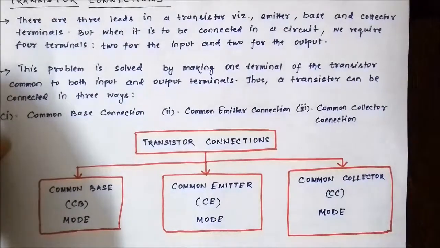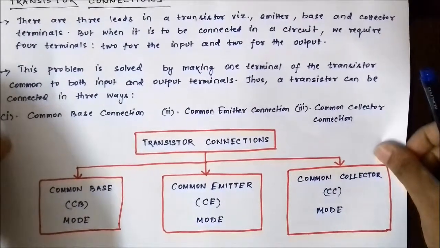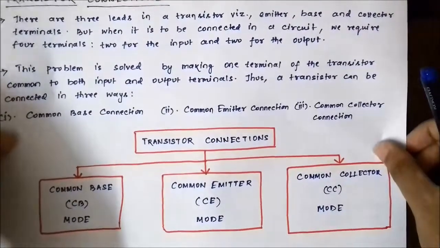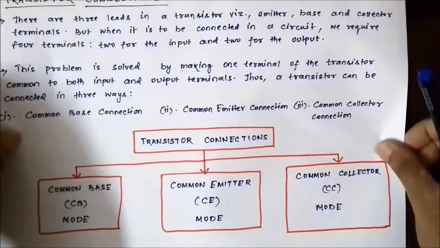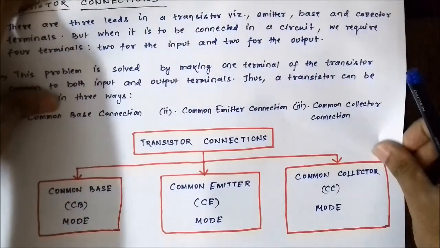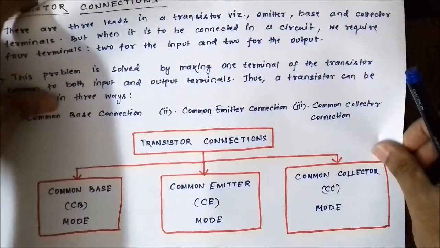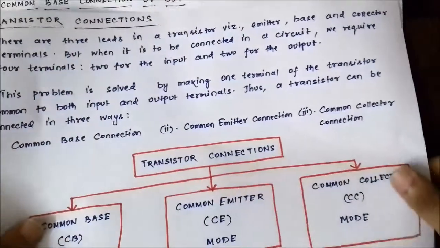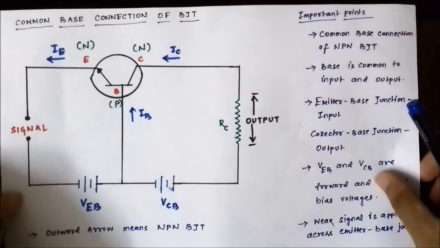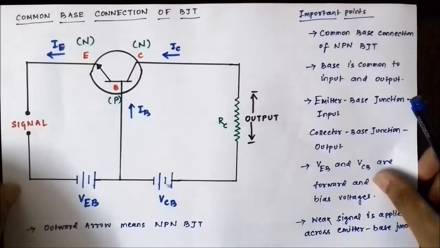So here we have the BJT, which can be connected in a circuit in 3 ways: common base, common emitter and common collector. Now in today's video we will discuss the common base configuration or common base mode connection of BJT. Okay, so this is how BJT is connected in common base mode.